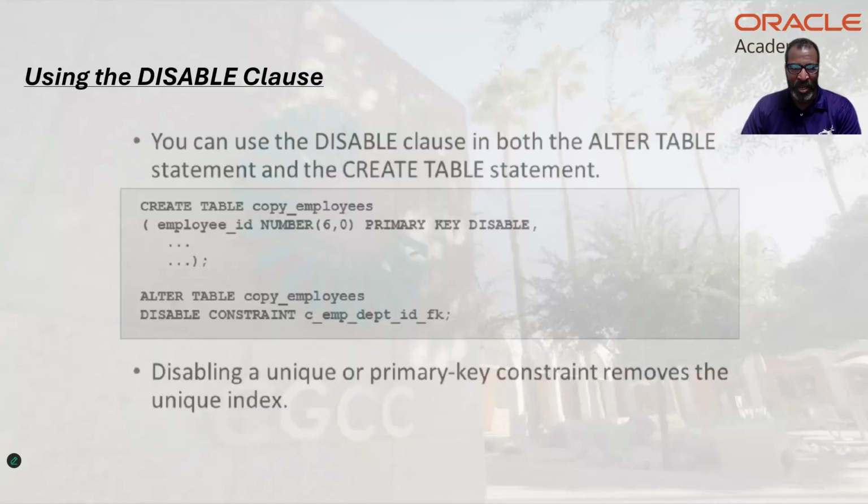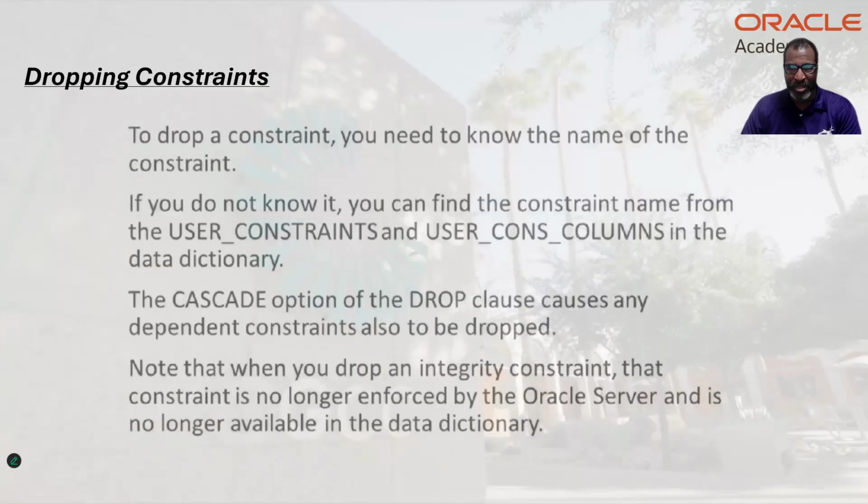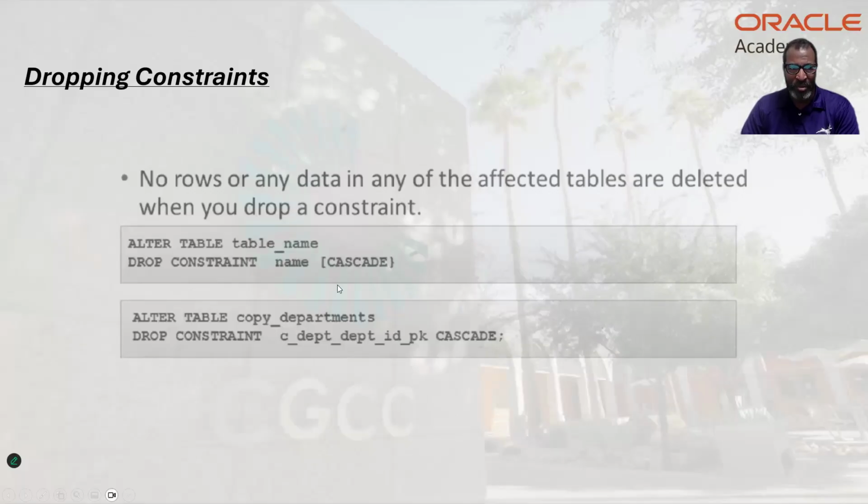You can drop a constraint, and yeah, I'm jumping around just to keep you awake. To drop a constraint, you need to know the name, and you need to make sure that the on delete cascade option is enabled. It's another alter, and it's just drop constraint and the name.